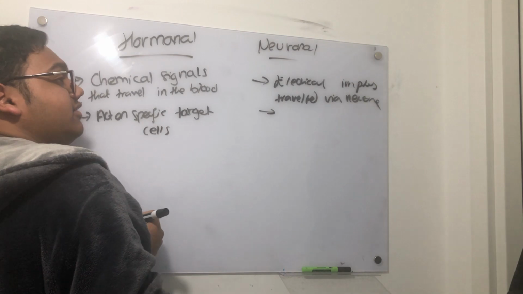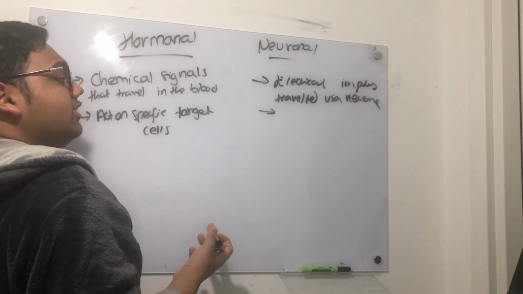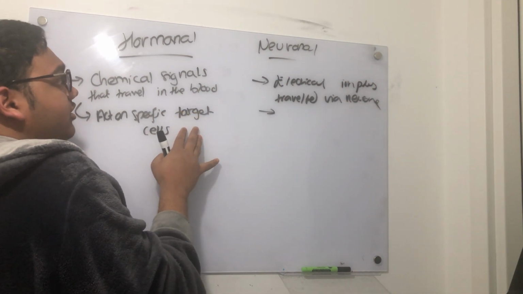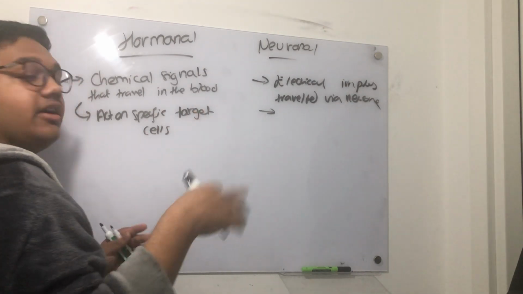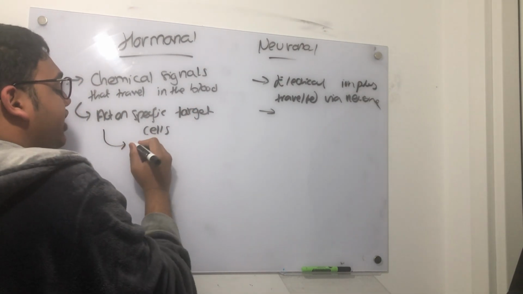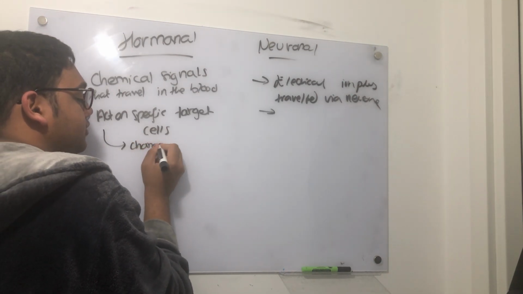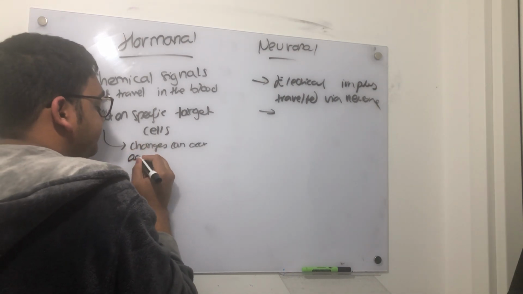And with neuronal, it again is on specific cells, but with regards to hormonal, they're usually on a much bigger scale. So, for example, changes can occur across the whole body.